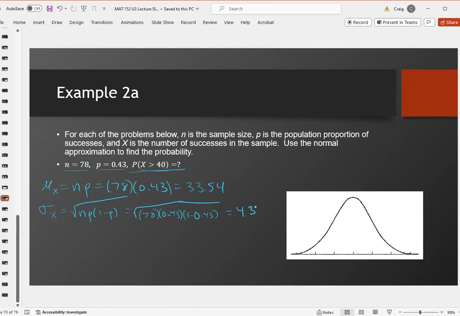So we have our mean and standard deviation. To find z, we're going to take the number of successes minus the mean, divided by the standard deviation.